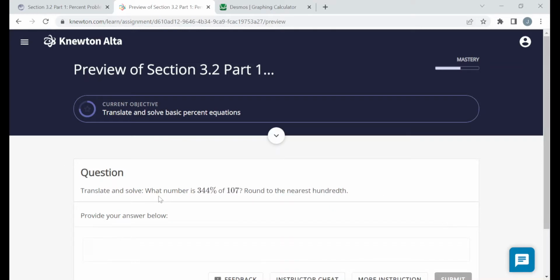And then here, one more of these. What number, so I'll call it X or N or whatever, is 344% of 107? Well, this would just be N equals 3.44 times 107. So I'm just going to do that on my calculator. 3.44 times 107, and I get N. And it says round to the nearest hundredth, but it just goes to the hundredths.